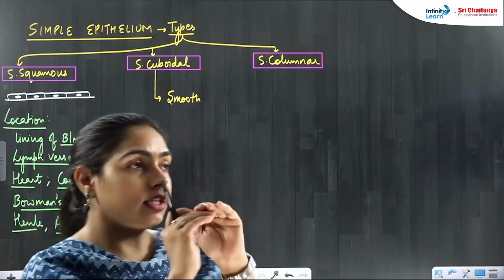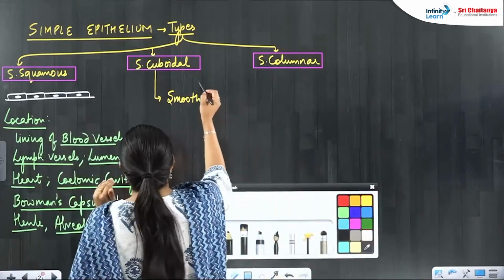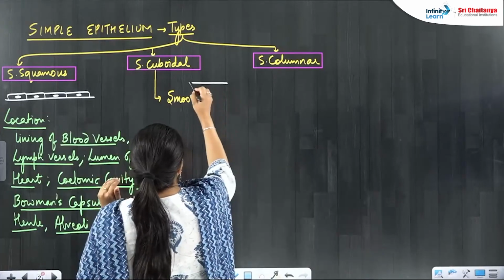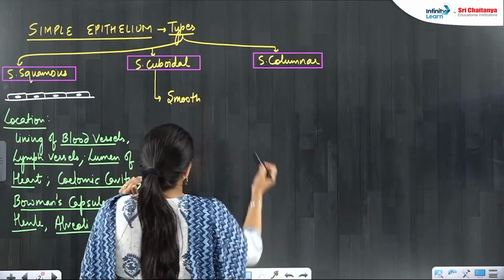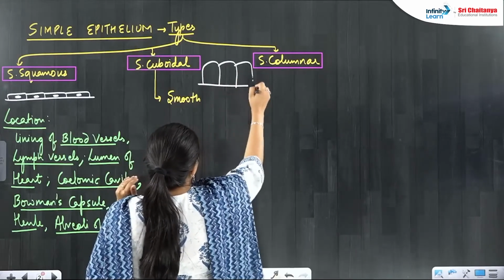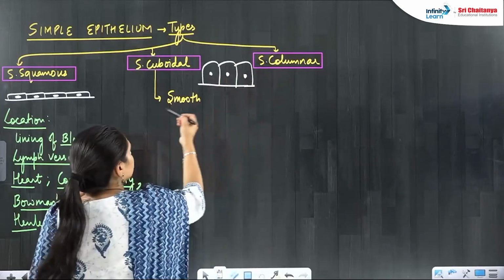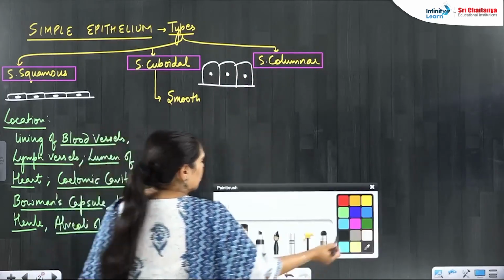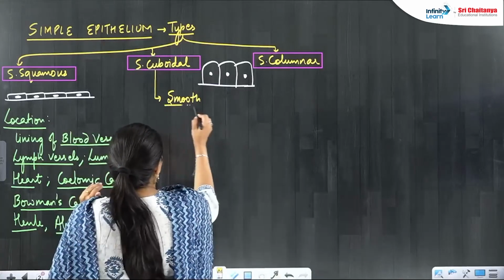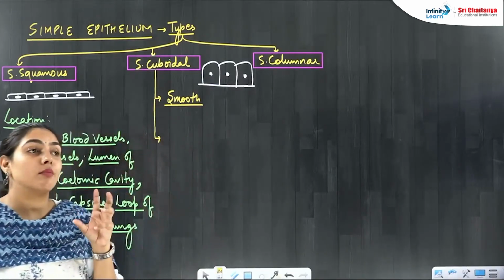These are the cuboidal cells, cube-like cells. So if these cube-like cells do not have any modification, it will be smooth cuboidal. But it can also have some modification.